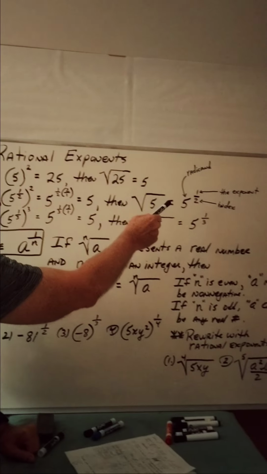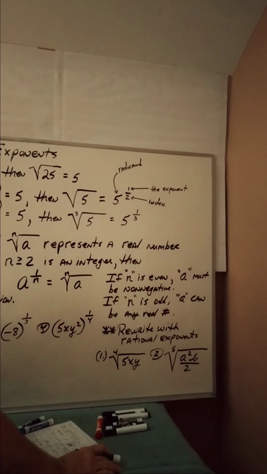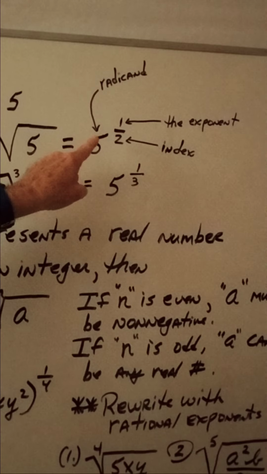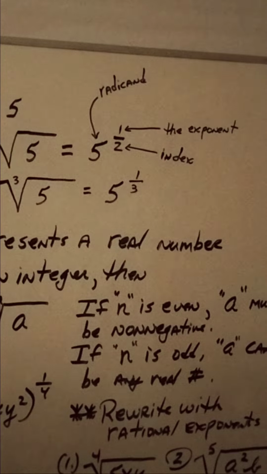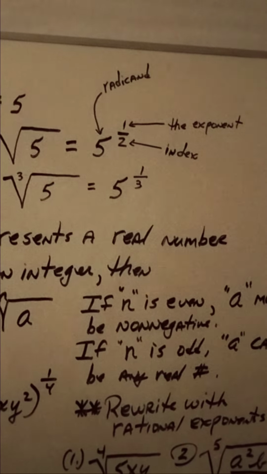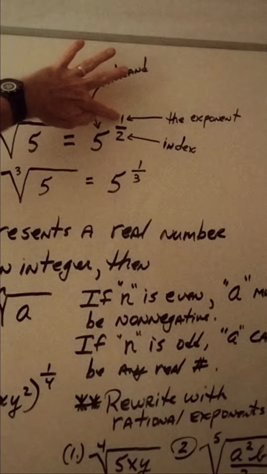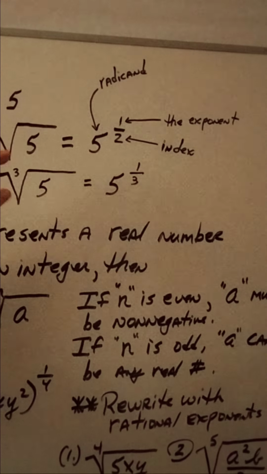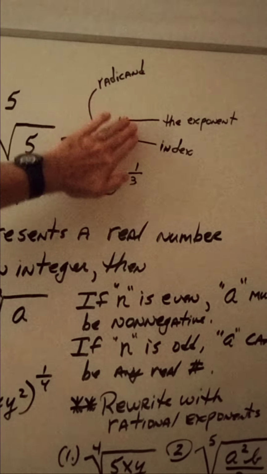Now I'm going to use this example right here to promote really the first defined statement that we're going to be looking at. When you're looking at an exponential expression where the exponent is a rational number, and in this first case, if the numerator of that rational exponent is 1, here are the meanings of each part of this entire power.